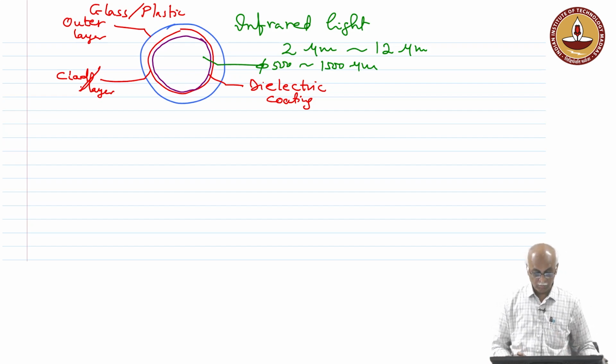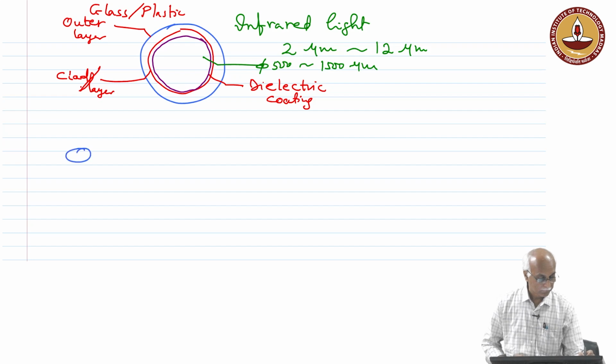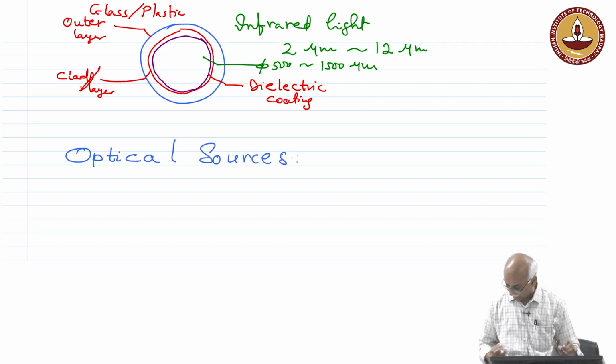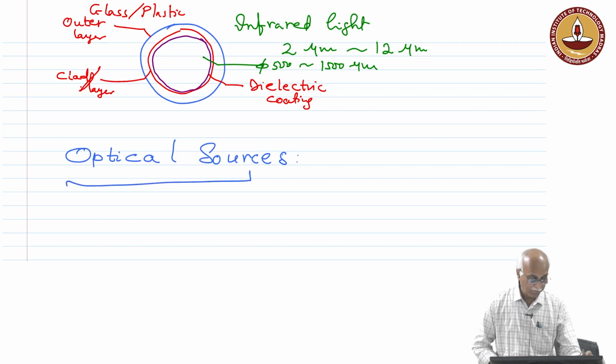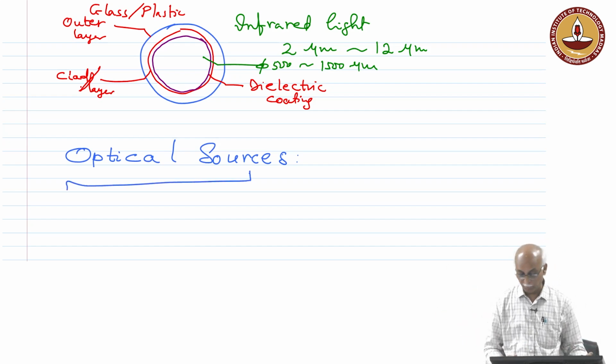Now, when we talk about optical sources, the optical sources as such can be based on, of course, we know sunlight is one very good, important optical source.